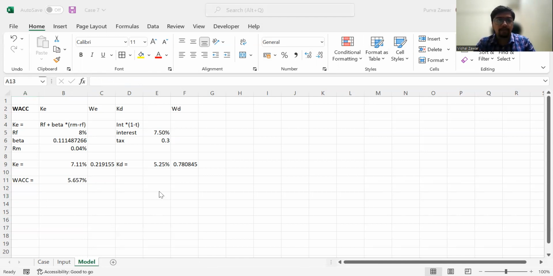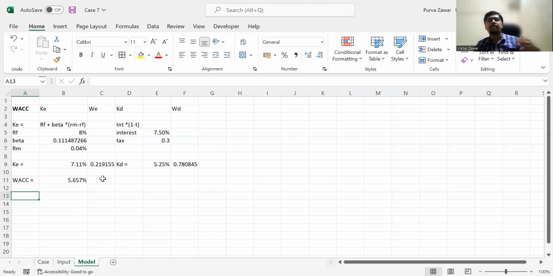When I am going to park these 3000 rupees crores, I would park them in projects where I will earn more than 5.65%, because only then can I satisfy debt holders and equity holders and get something in surplus with the business.